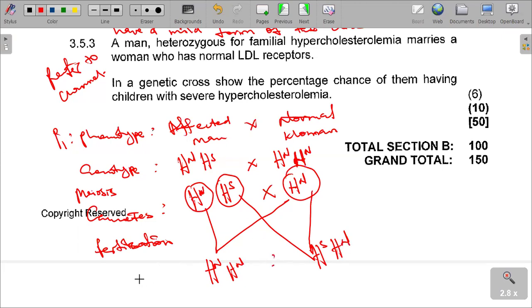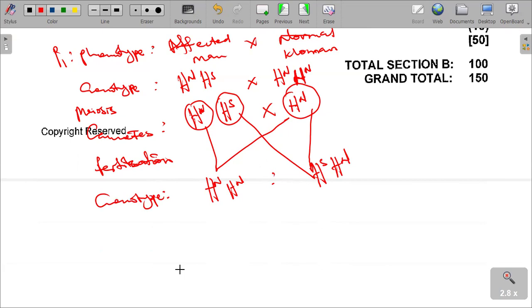Then we have the genotype, and the phenotype is the interpretation of this representation. So this is one normal child versus one affected child.